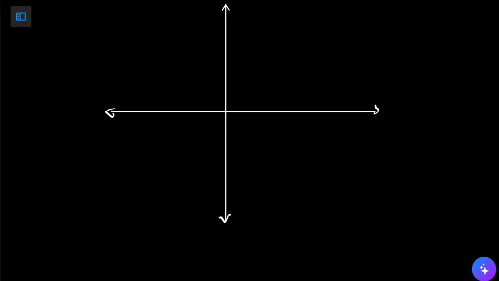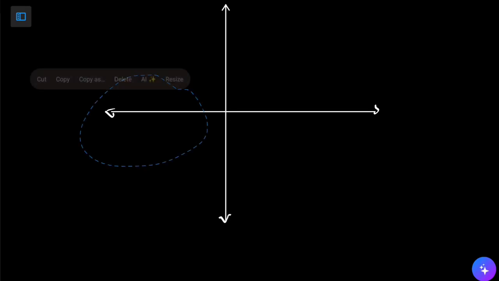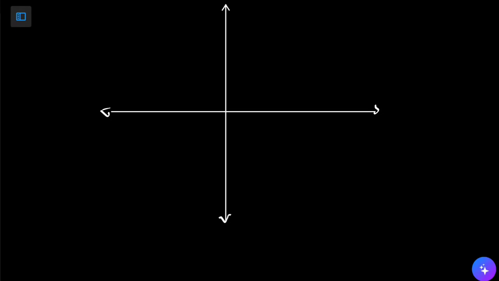So let us establish the terminologies that we will use in the study of your Cartesian plane in the Cartesian coordinate system. First, let us establish that at the point of intersection here, it's what you call your origin.